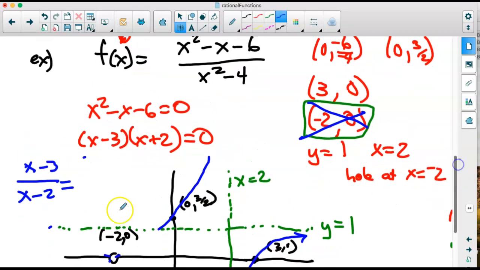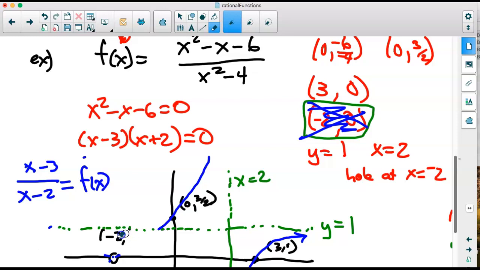Okay, so that means the function looks like this, except it has a hole here. So this wouldn't even be a consideration. I shouldn't add a point there at all, because this is really what it reduces to. So 2, 0 is not even close to this function.